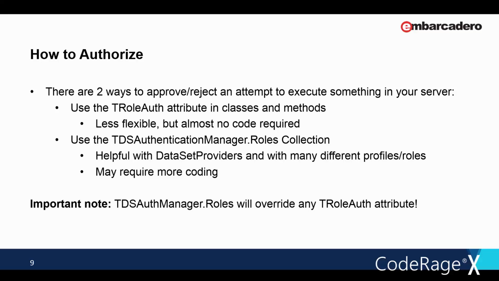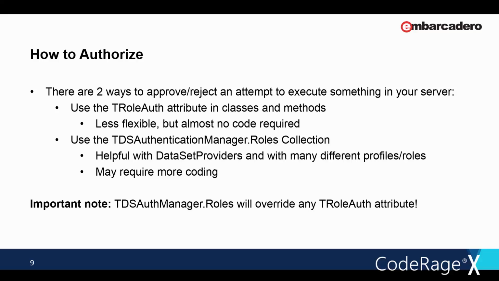By the way, the authorization happens in at least two moments. One of them is using the TRoleAuth attribute over your classes and methods. Just on the line above, you can put the TRoleAuth attribute that says which roles can and which roles cannot use that resource, that class, or that method.